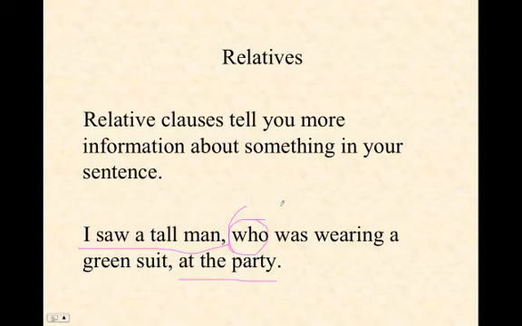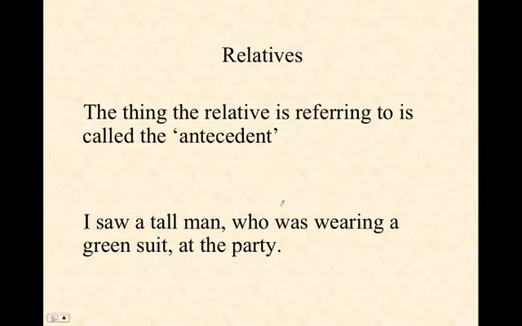There's no adjective that could have told you all that information, and so a relative clause serves to do just that. Now, when we use a relative pronoun, the word who here is referring back to the man. When a relative clause has the person or thing being referred to, we call that thing the antecedent.